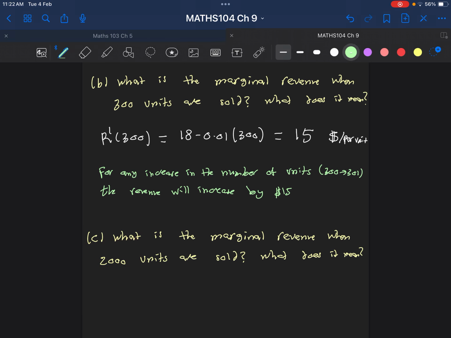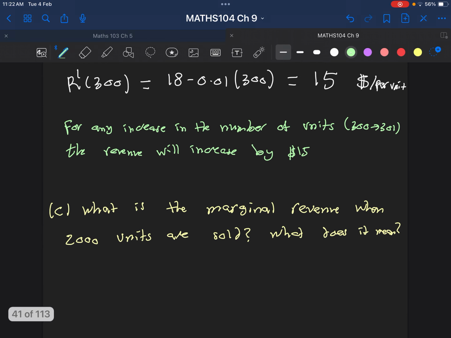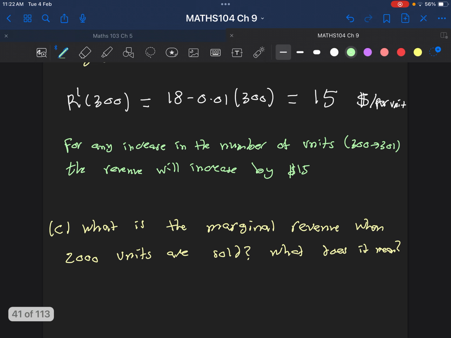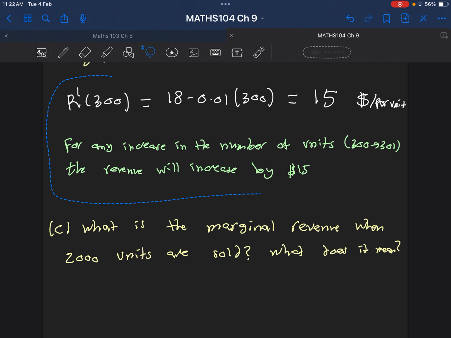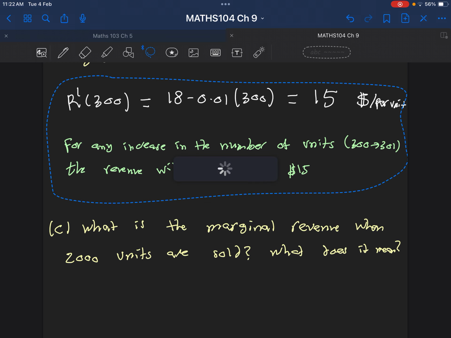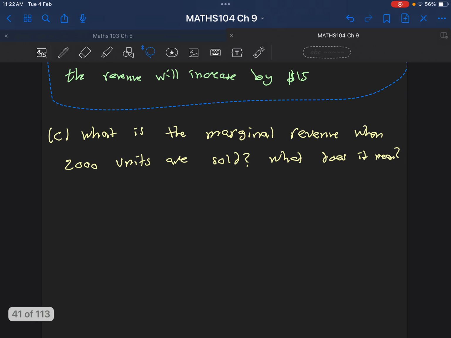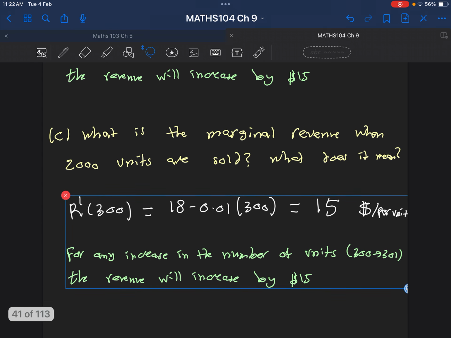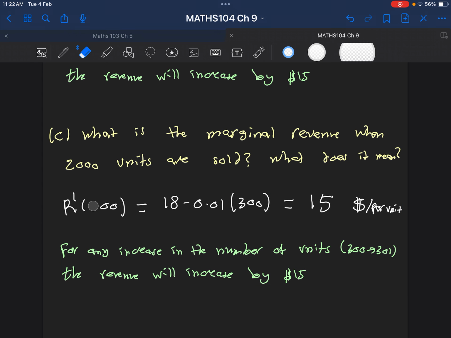Now, same question, we will do it for 2000. So everything should be the same. I can even copy and paste this one, and then I'll change it accordingly. Okay, now suppose we reach 2000 units. What will happen if we increase it a bit more?